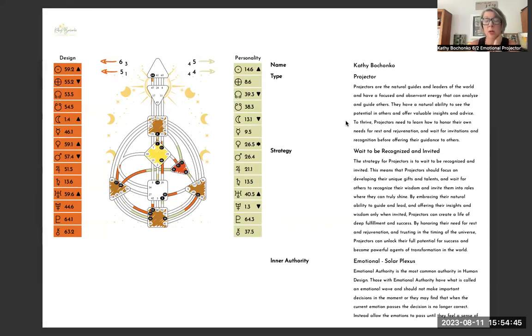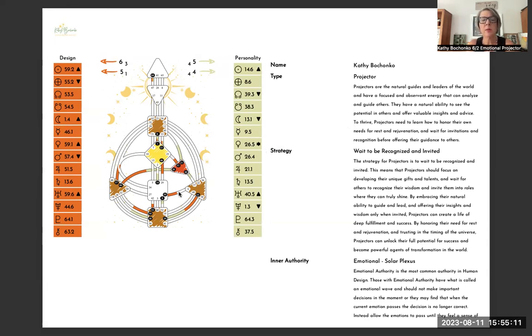There's a generator and the manifesting generator. They both have what's called a generator type aura, although they operate differently. And those two combined make about 70%. One's about 37, one's about 33. So very similar amounts on the planet. But as you can see from those numbers, the majority of people are generator types.